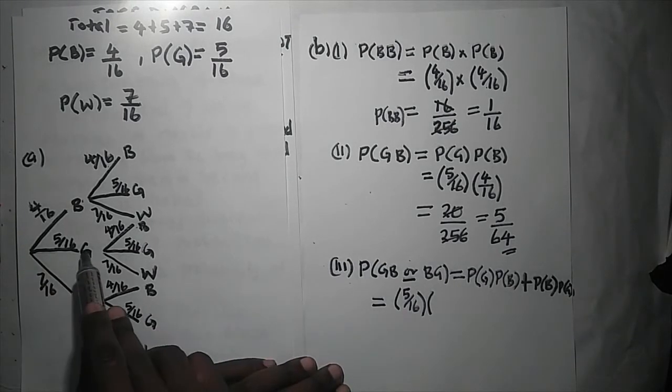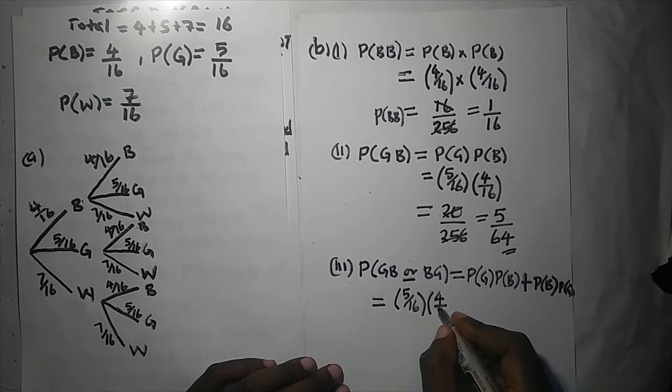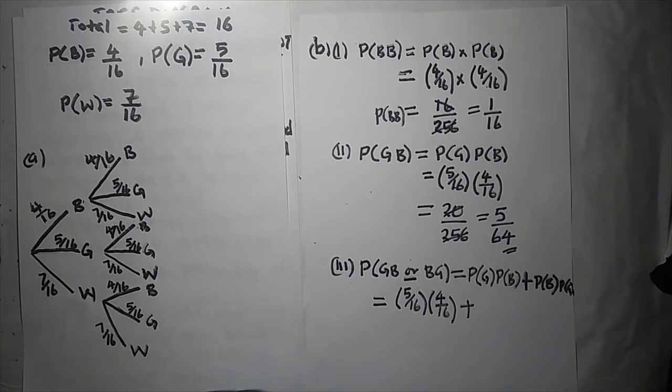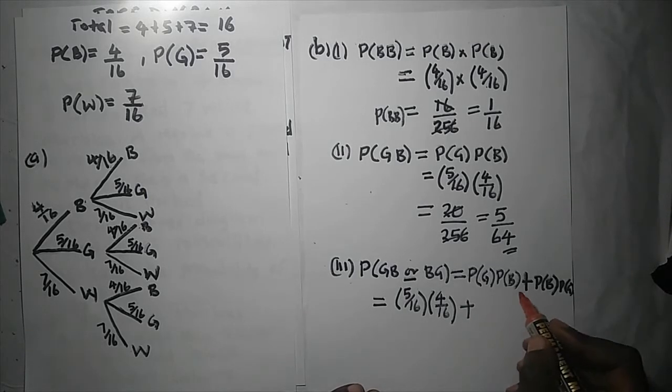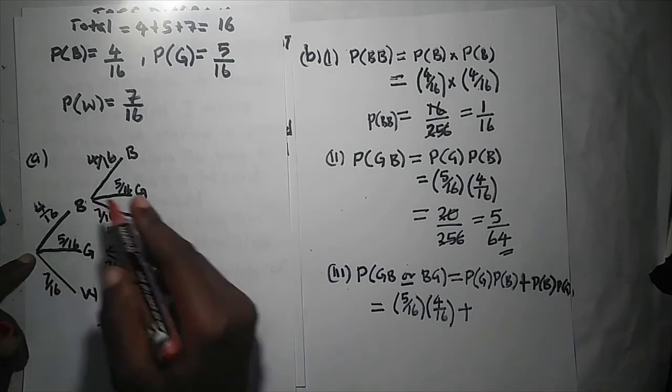So from green, which is 5 over 16, black is 4 over 16. So we are going to have 4 over 16 here, plus. And then after putting this plus, now we can come to this other one which says probability of black. So you start with black here, which is 4 over 16.